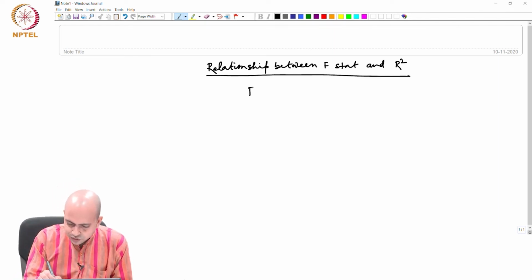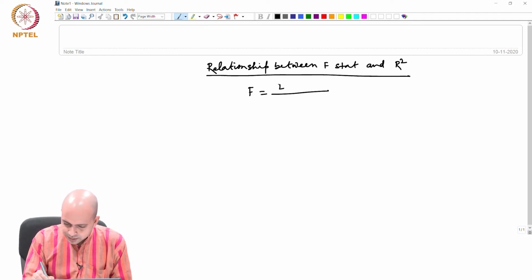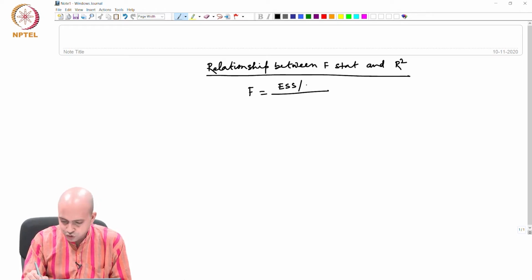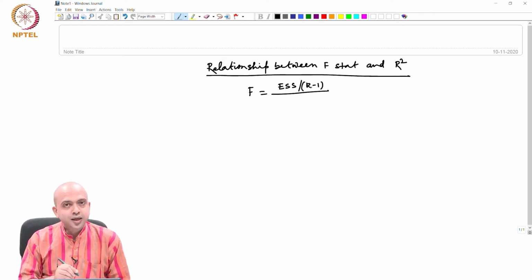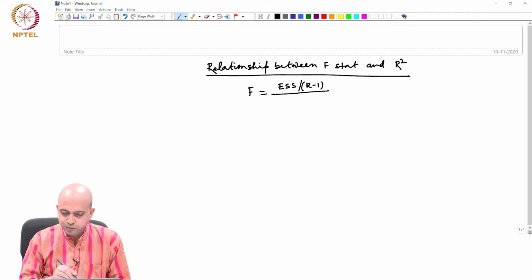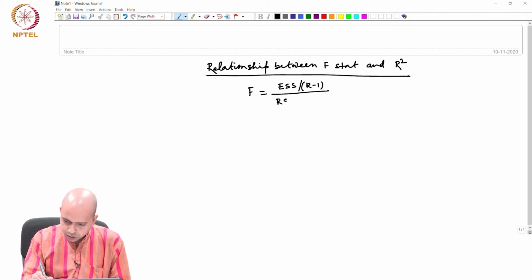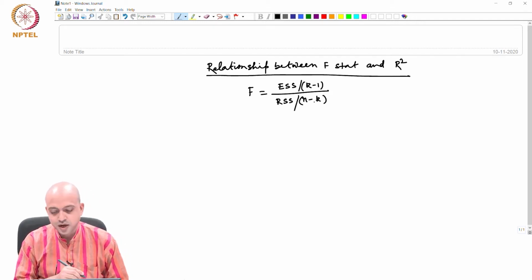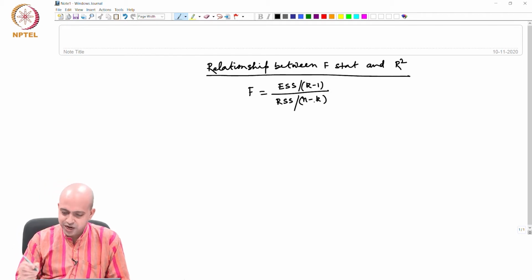F statistic was defined as ESS by its corresponding degrees of freedom, which is k minus 1 when you have k number of parameters to be estimated from the model, divided by RSS with its corresponding degrees of freedom, which is n minus k, right. This is how we have defined our F statistic.